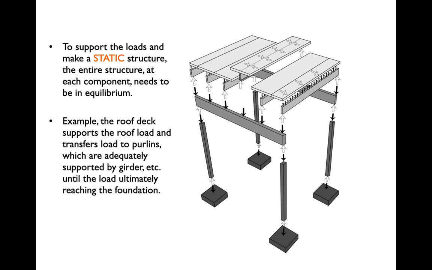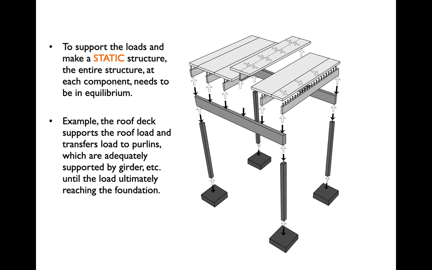Every piece of a structural element obviously needs to be in equilibrium. We don't want one floor that's falling down or one column that's falling down. So as we're looking at a building structure, we're dividing it into elements: slabs, beams, girders, columns, foundations. And at every step of the way, we're trying to think of the external forces that are going to be required to make the element stable.